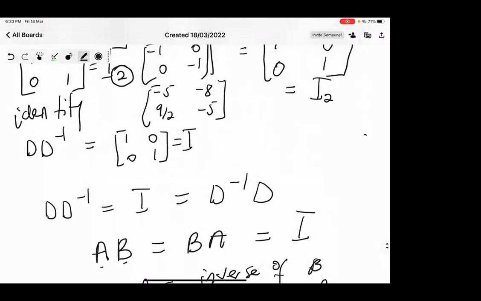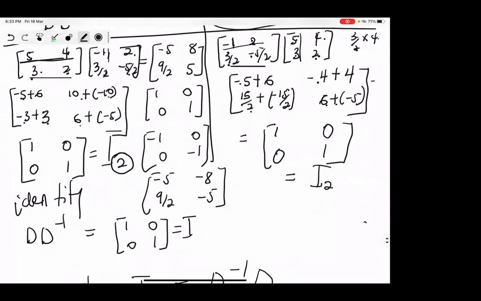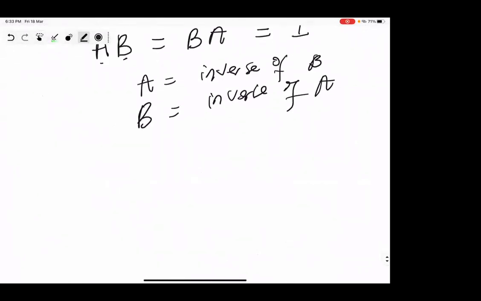Okay, so those who had the other matrices, I think your plus and minuses somewhere is what got you confused.